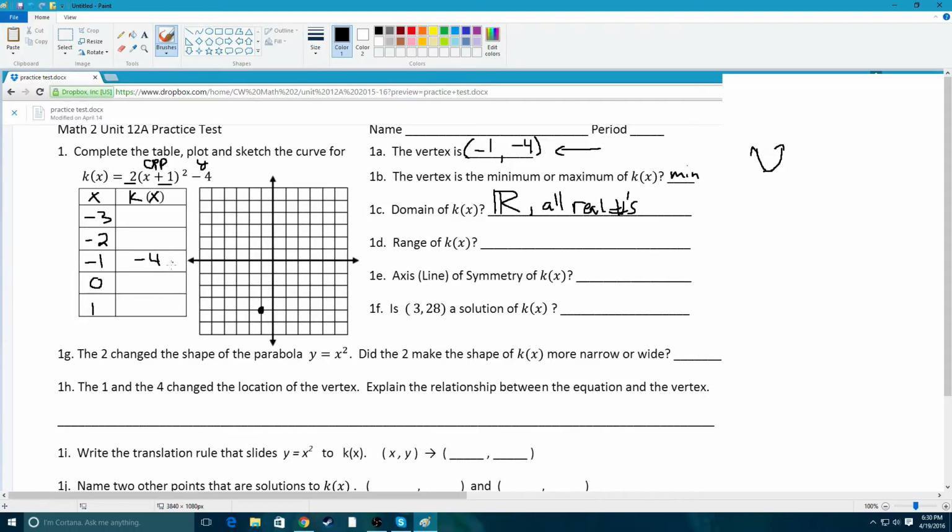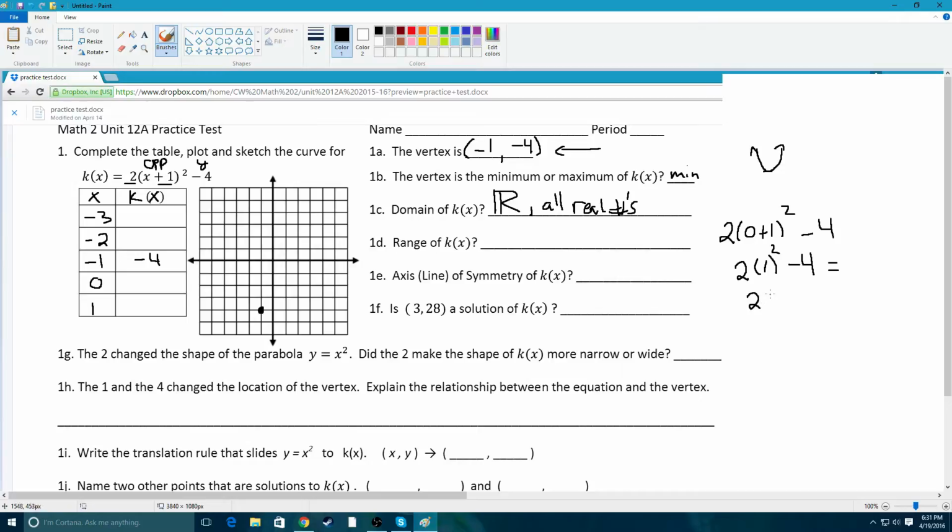Okay. So I'm going to plug in 0. So this is going to be 2 times 0 plus 1 squared minus 4, which comes out to 2 times 1 squared minus 4. And because you have to do exponents next, it's parentheses, then exponents.